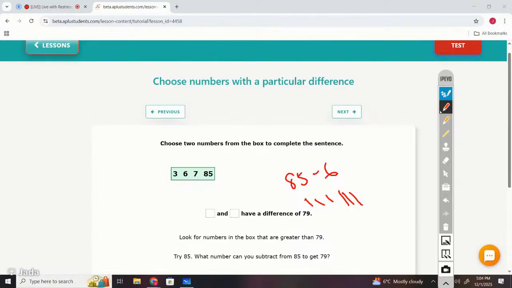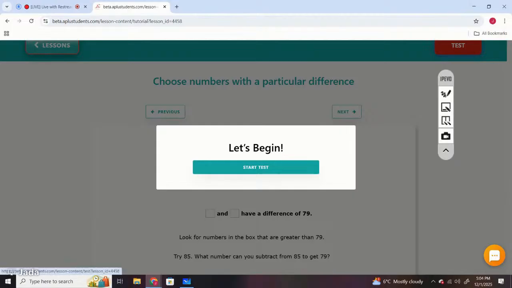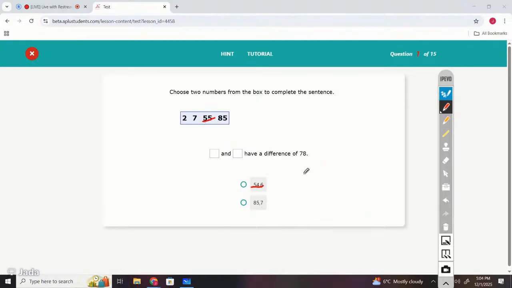Okay, let's start with the test questions. Choose two numbers from the box to complete the sentence. Which two numbers have the difference 78? So which is the correct option? You can try with the options, right? Like here, the first one is 54 and 6, but we do not have 54 over here, so we do not need to try.